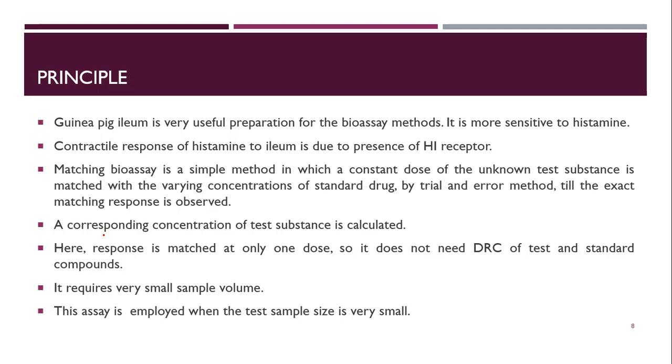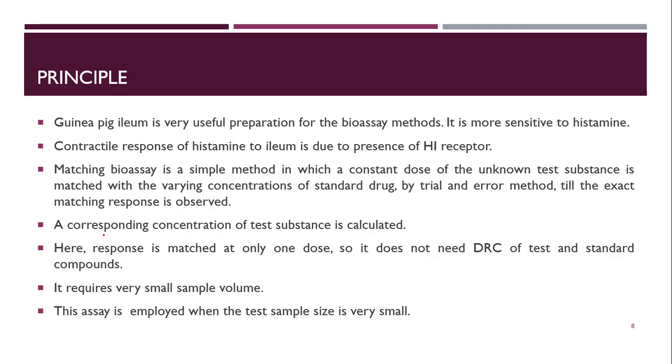Okay, so it is said that we continue till the exact matching response is observed, but trust me, when we are doing the experiment in actual laboratory conditions, there are some minor changes observed in the response height between the test and the standard, and that minor difference in the response height is acceptable.